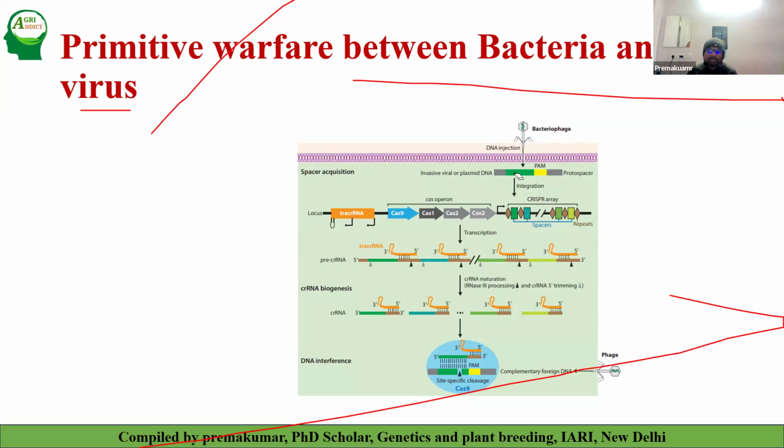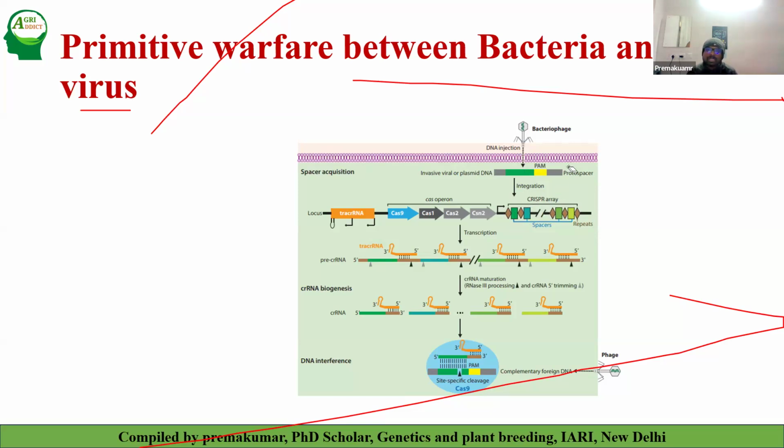See this green color: whenever it infects, it will come and be introduced here as a spacer. Then if another one, this pale blue color DNA, is introduced into the bacteria, it is again introduced as a spacer.